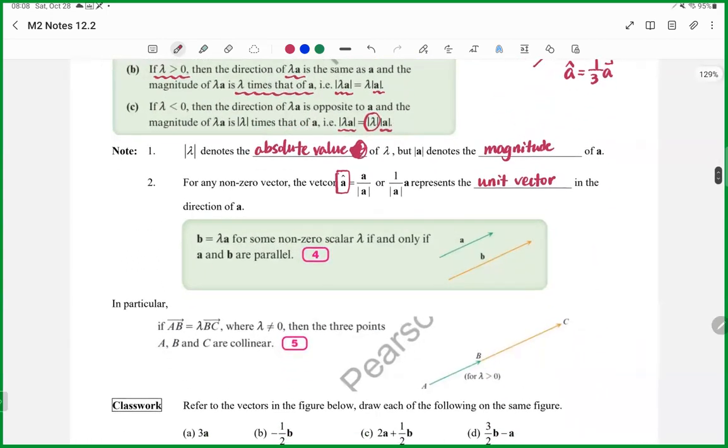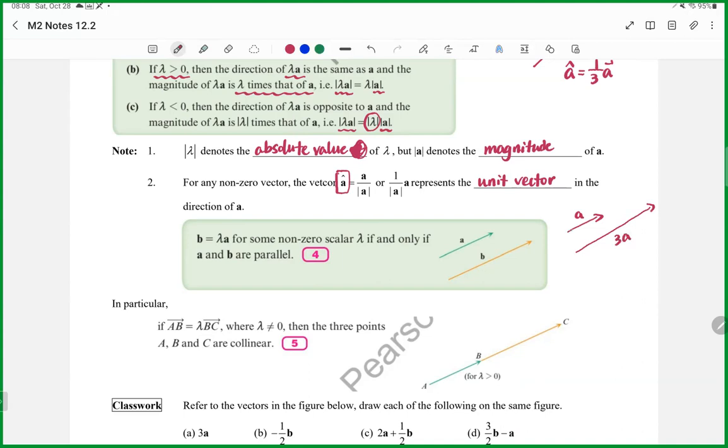There is a very useful theorem you use very often when you want to say that two vectors are parallel to each other. If one vector is equal to lambda times another vector, then the two vectors are parallel. For example, this is a, this is 3a, then I know these two are parallel.